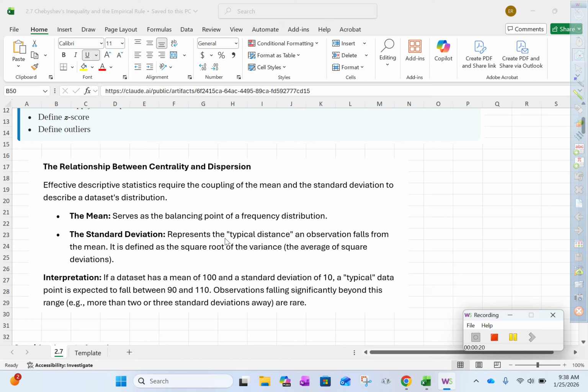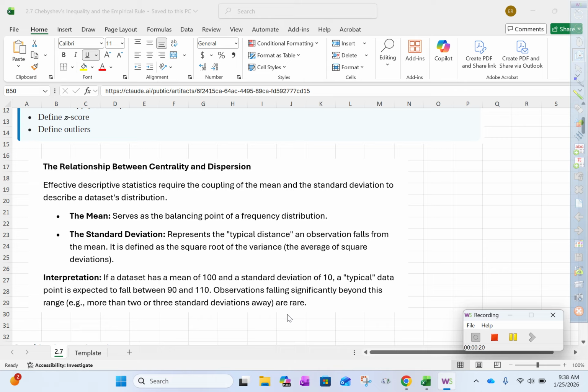So, for example, if a data set had, with nice numbers, a mean of 100, and a standard deviation came out to be 10, then a typical data point would be falling one standard deviation below, so 100 minus 10 is 90, and one above, 100 plus 10 is 110. So we're going to see a lot of the values fall between 90 and 110.